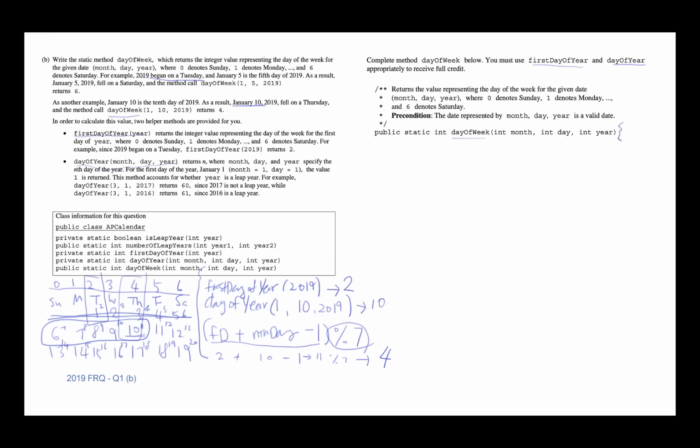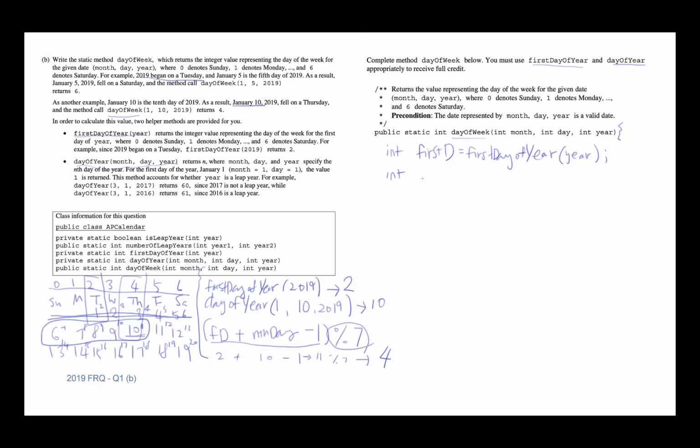So open curly brace. We need to get the information from the two helper methods. So integer, I'll call this firstD, and this will be assigned the value returned from first day of year, and we're going to pass year as the argument.